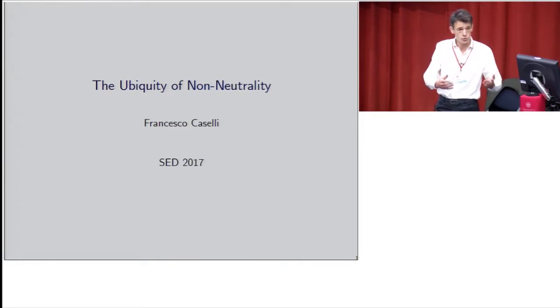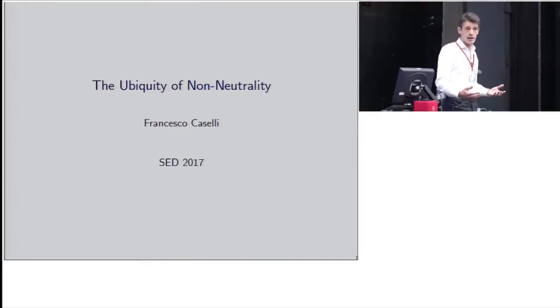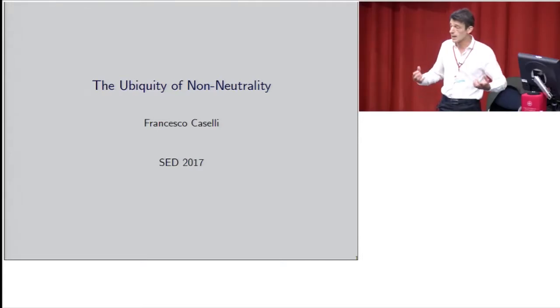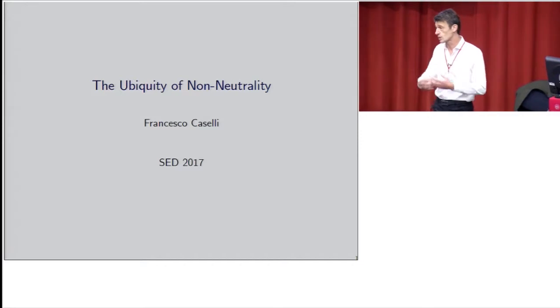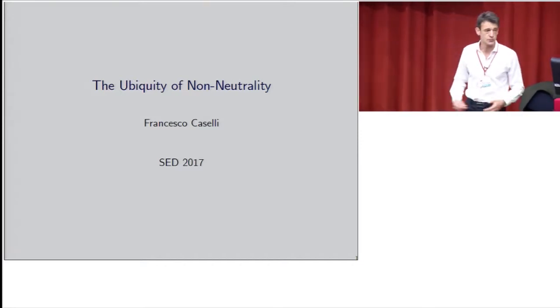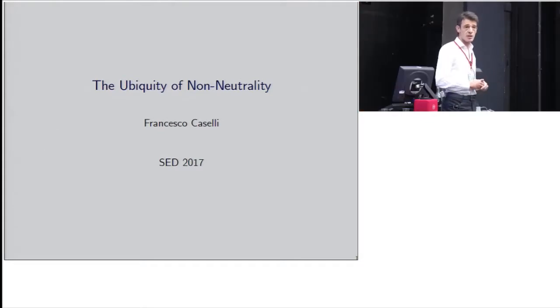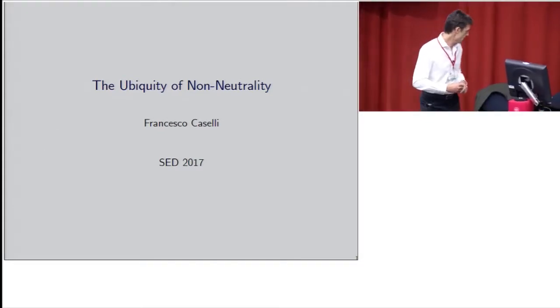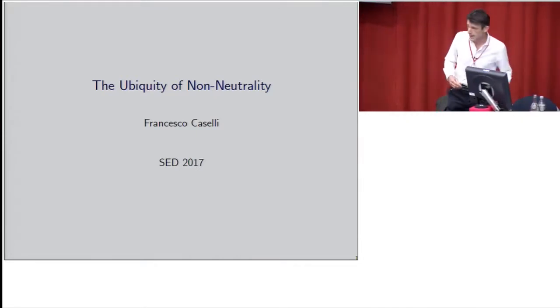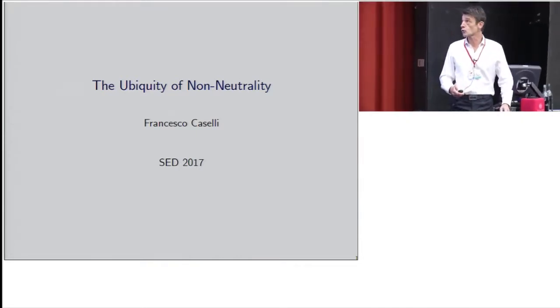So ubiquitous and non-random, easy to rationalize. And therefore, when we come out at the end of this short journey we took through non-neutrality, I would argue perhaps it should take a more central place in our thinking about how technology varies, not only across countries, but also over time. So that's going to be my claim or my argument tonight.